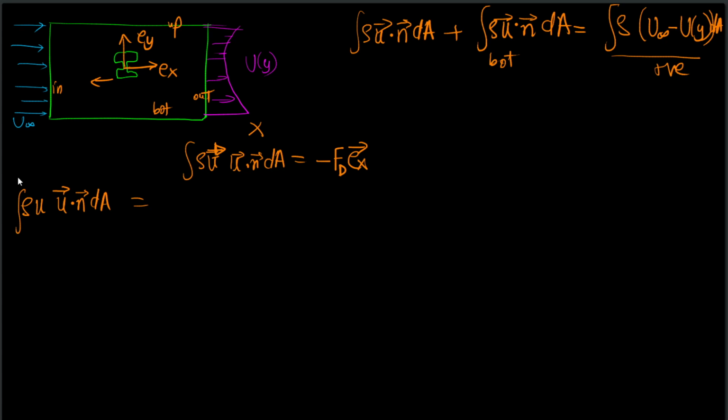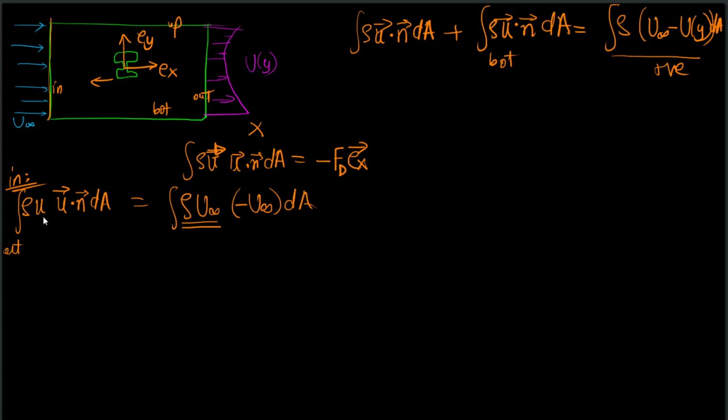So this for the inlet surface will be rho u infinity times minus u infinity dA, and this minus u infinity is because of u dot n cap, nothing else. So this is the x momentum being brought in through this particular surface.